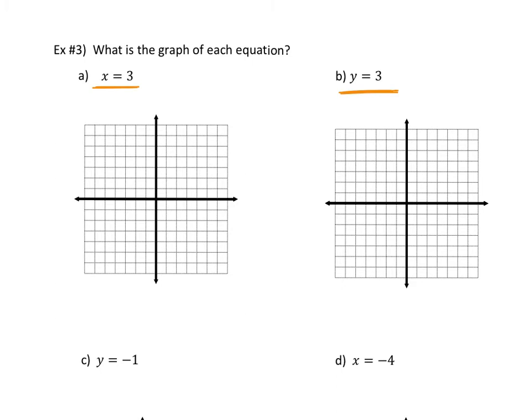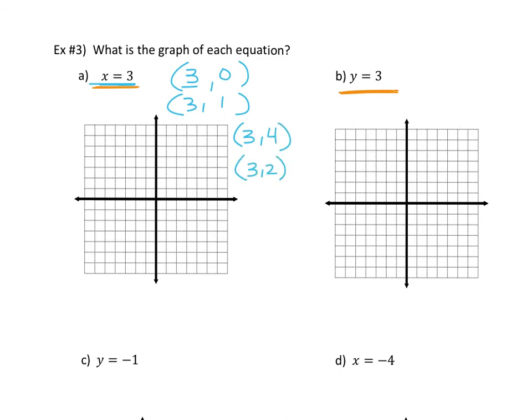Here's why. If you think about all the points that have an x value of 3, name a point that has an x value of 3 for me. 3, 0, right? Has an x value of 3. Name another point that has an x value of 3. 3, 1. Name another one. 3, 4. 3, 2. Okay?